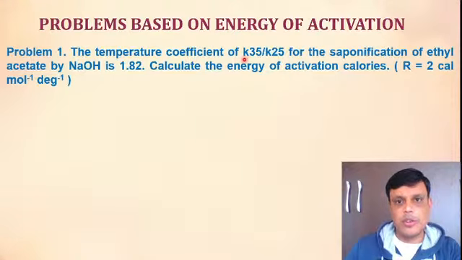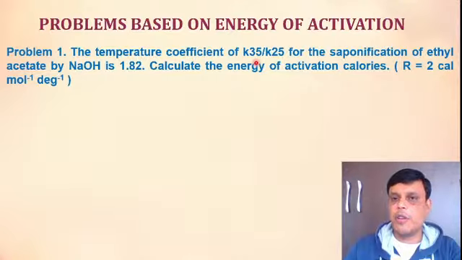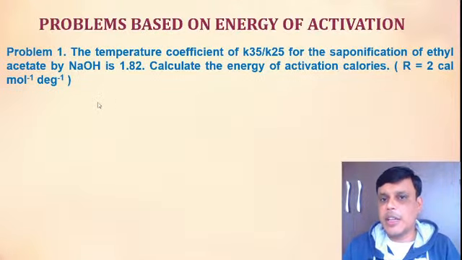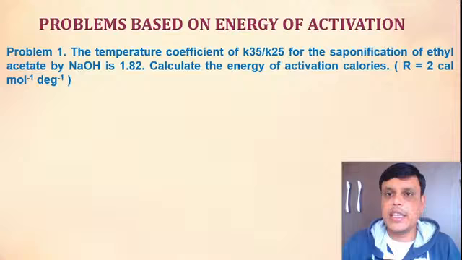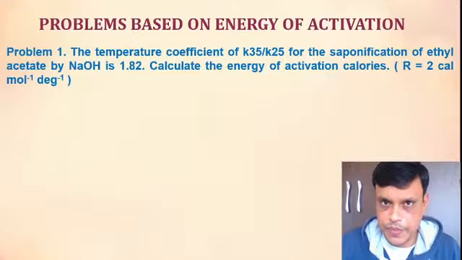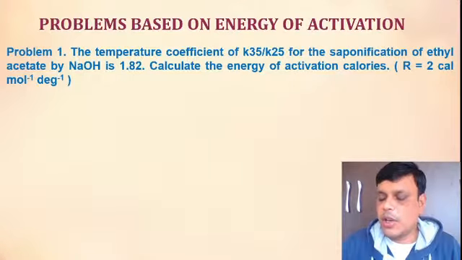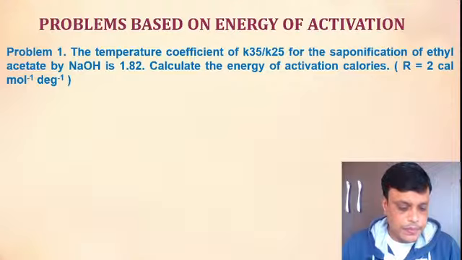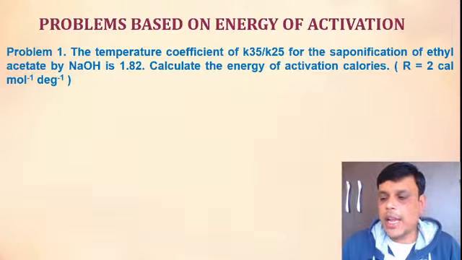The temperature coefficient K35 by K25 for the saponification of ethyl acetate by NaOH is 1.82. Calculate the energy of activation. Now here K35 and K25 are given, that means they are rate constants for two different temperatures. K35 is the rate constant for temperature T2 and K25 is the rate constant for temperature T1.